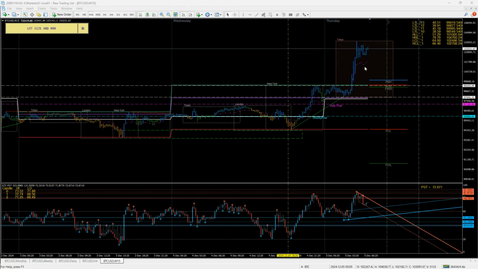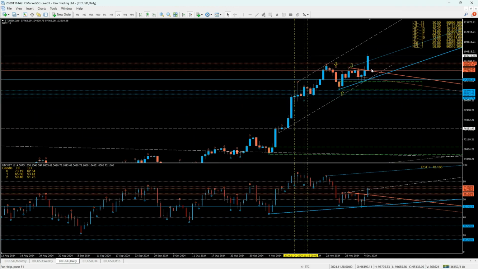A lot of gaps here, so the market should pull back. And these levels, I did say, are targets, as you can see. But if you're using the PST, it's obvious you've got targets on the PST. And that's basically it. See, once you have your red dotted lines, they're your targets.